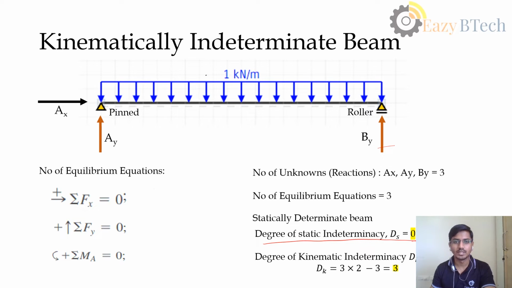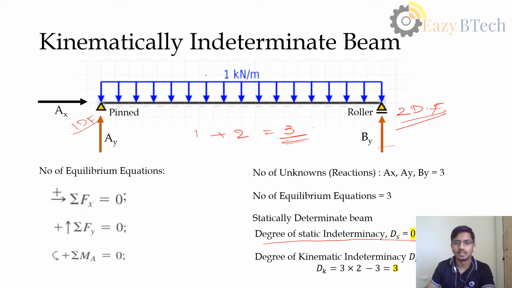Whereas when we look into the kinematic indeterminacy, here we have 1 degree of freedom, and here we have 2 degrees of freedom. So 1 plus 2 gives me 3. So this beam is kinematically indeterminate with degree 3.